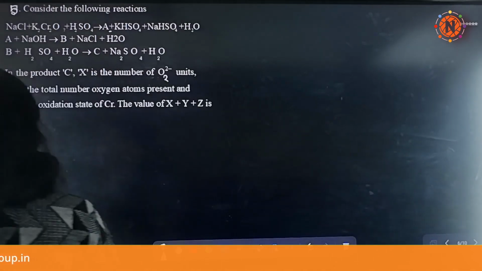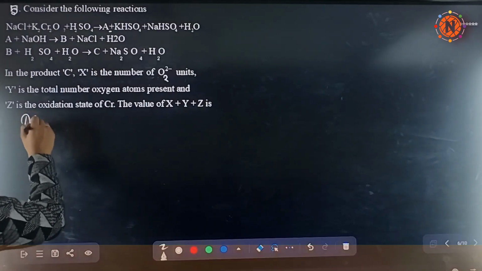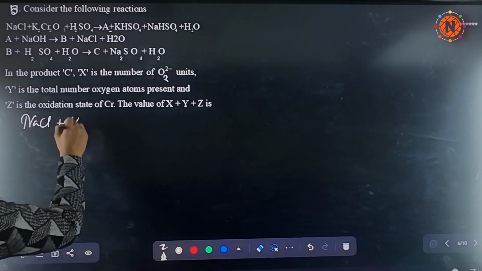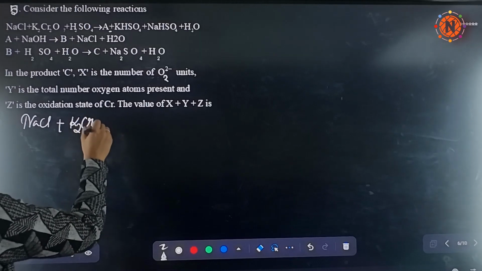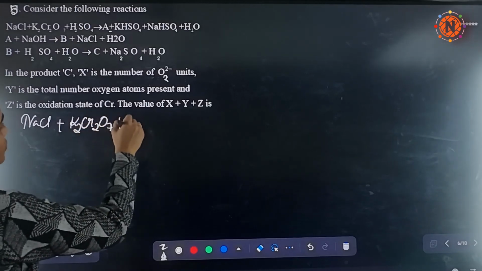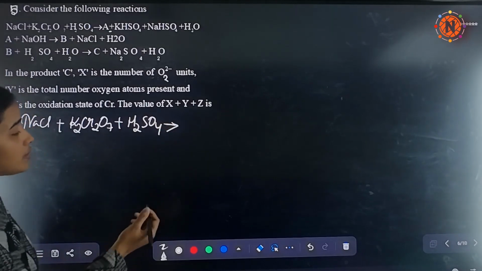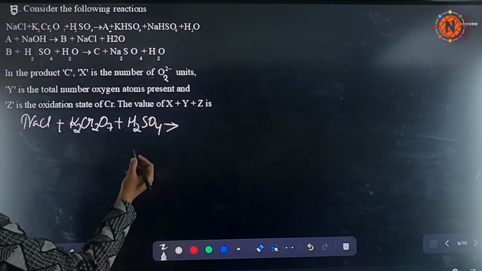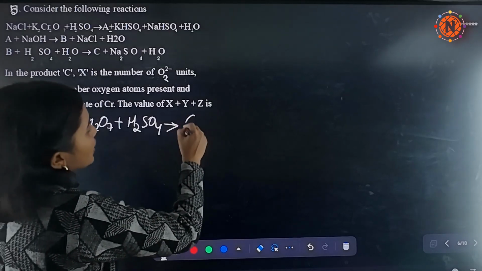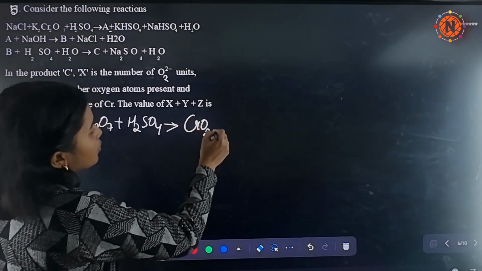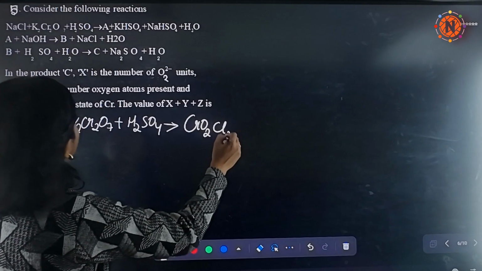When sodium chloride reacts with potassium dichromate in presence of H2SO4, it gives us reddish vapors of chromyl chloride.